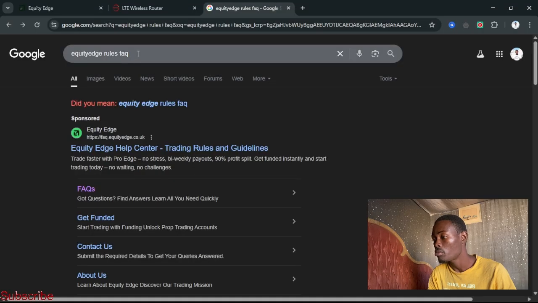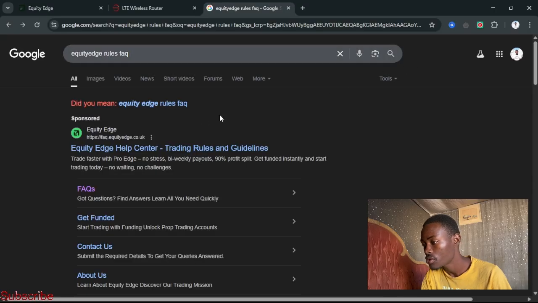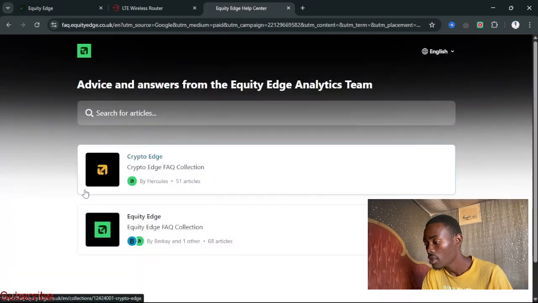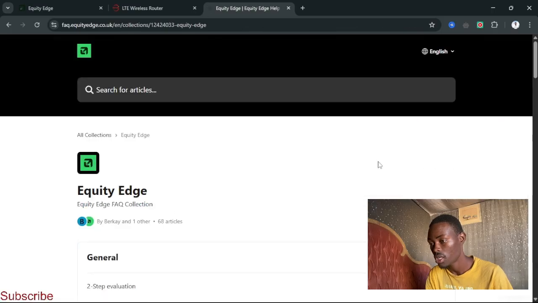So let's dive into the PC, so I share with you everything that you need. Once you open your browser, you just type in Equityedge rules FAQ, and then once you search, you click FAQs here, and then you'll find Crypto Edge here, and you have to choose Equityedge because this one is the one that we are focused on.